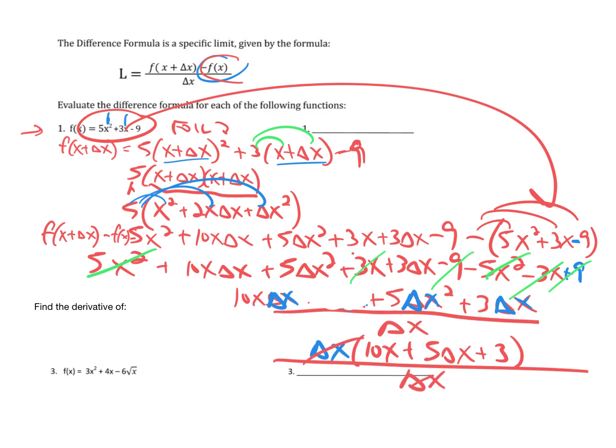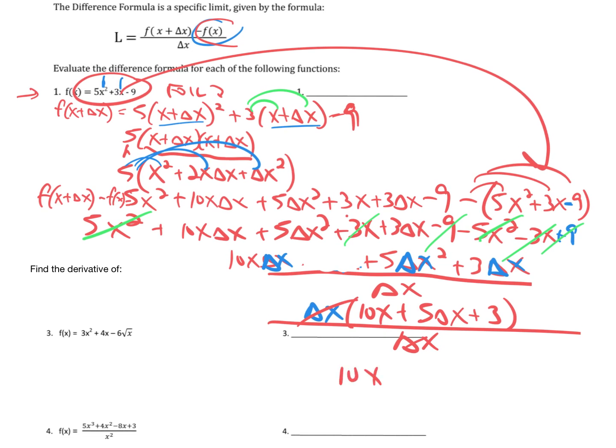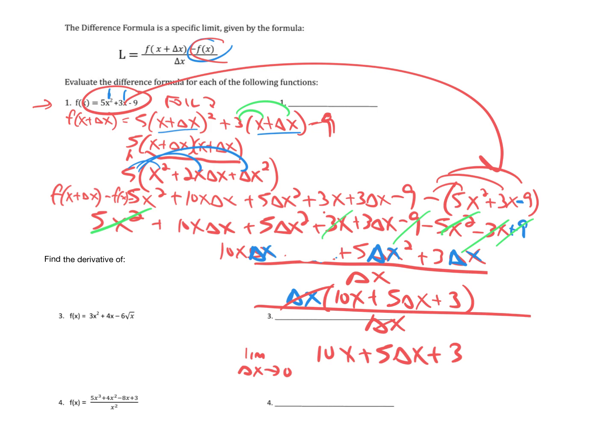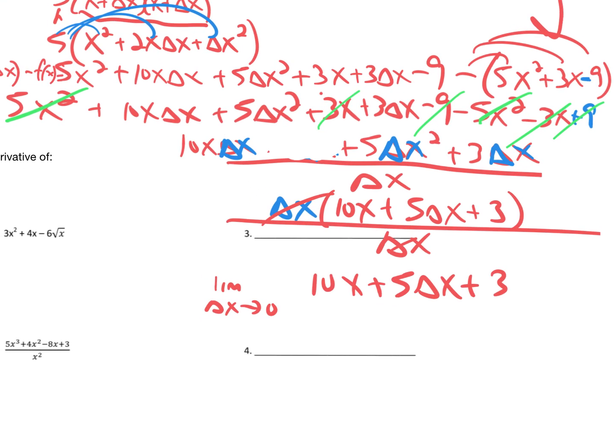So now the delta x's cancel. So I have 10x plus 5 delta x plus this 3, and I'm basically going to find the limit as delta x approaches 0. Remember, you're finding the limit now, which means this delta x term is going to cancel, and that leaves me with my answer of 10x plus 3.